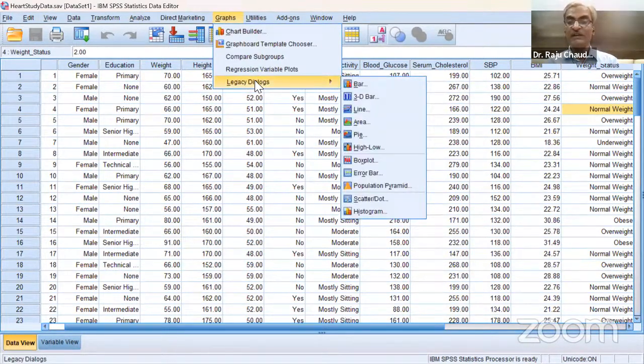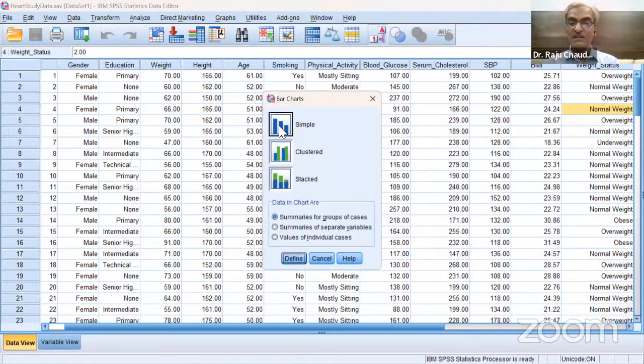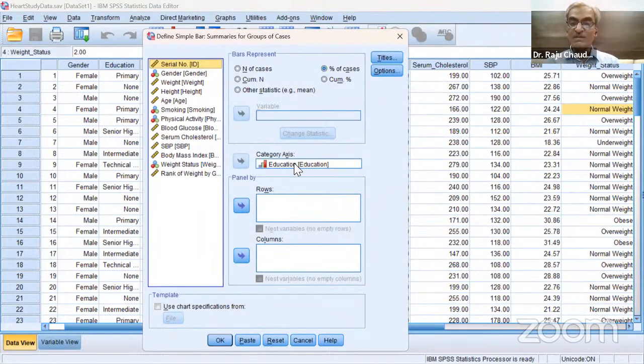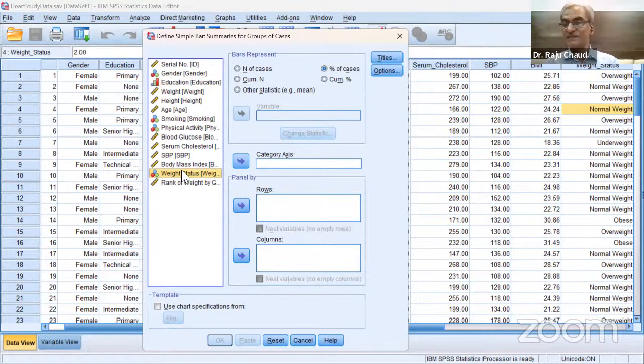So Graph, Legacy Dialogs, Bar chart, Simple, click on Define. Now instead of education, I want to visualize weight status. In yesterday's session, we gave the label BMI category, but it is up to the user. In this file, I have given the variable name weight status.